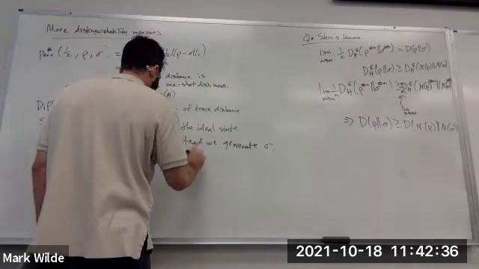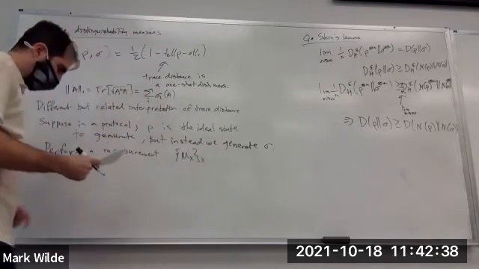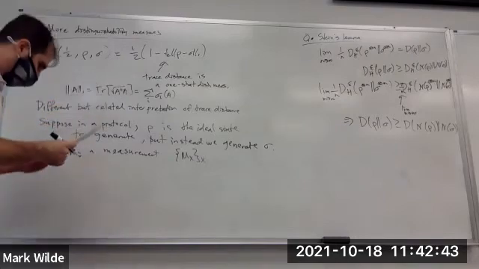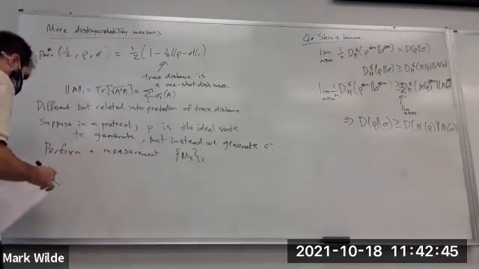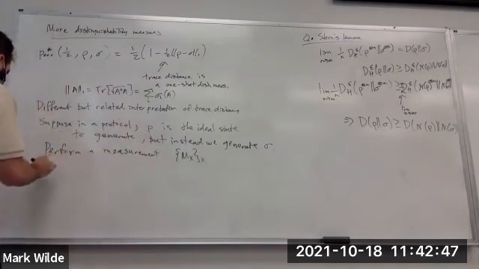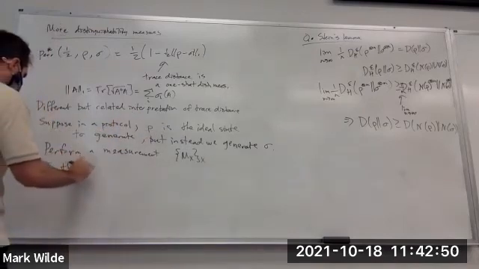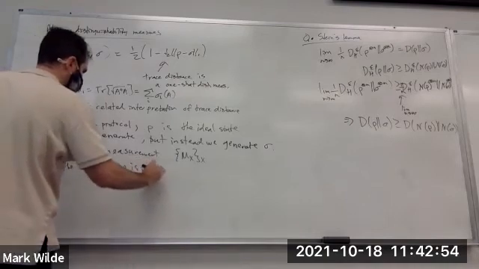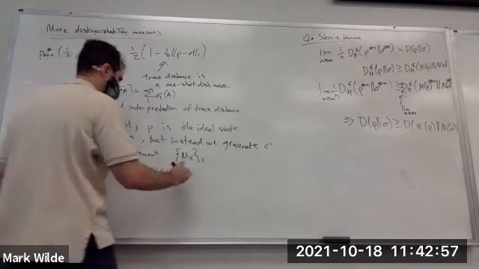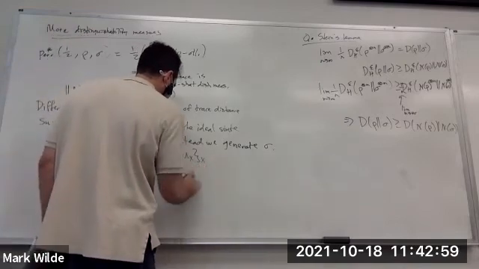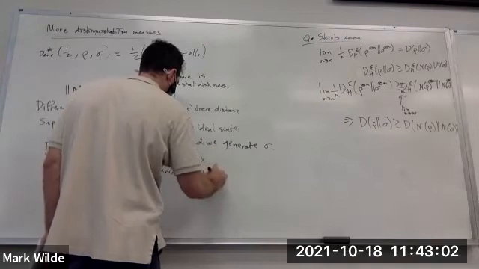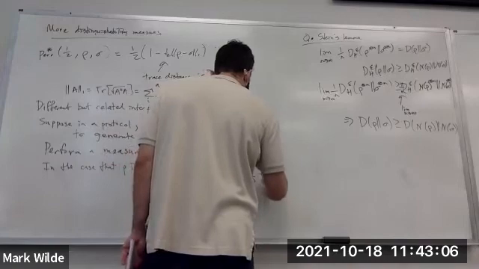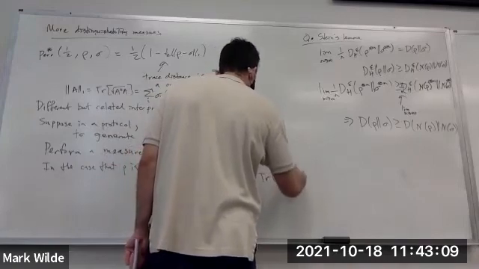And it'll be described by a POVM with measurement operators mx. In the case that rho is prepared, the probability of getting outcome x is given by the Born rule, trace of mx rho.